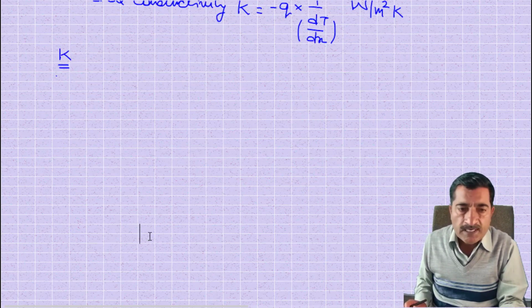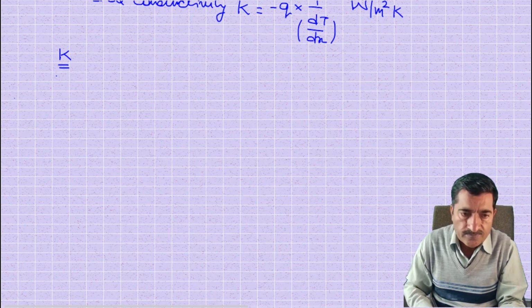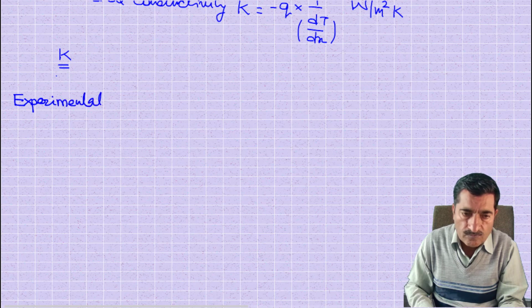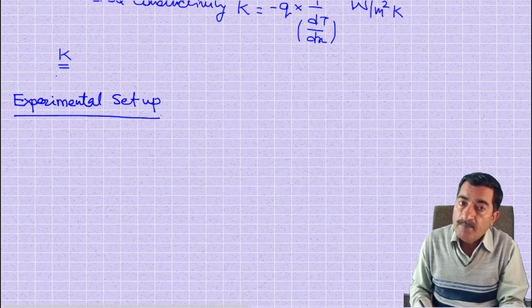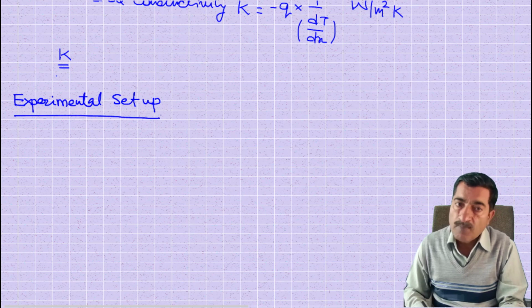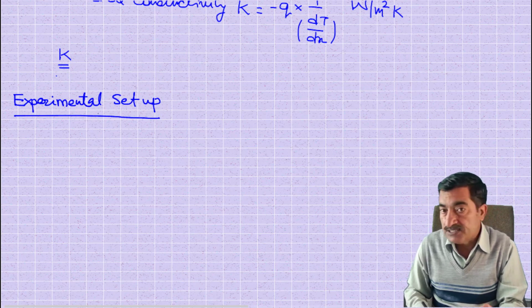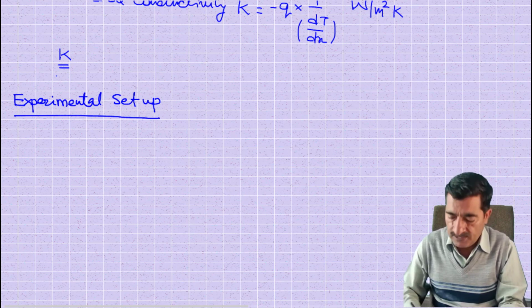Now the experimental setup. The experimental setup consists of a metallic bar. The bar is horizontally placed and its test section is surrounded by a thick layer of insulating material.